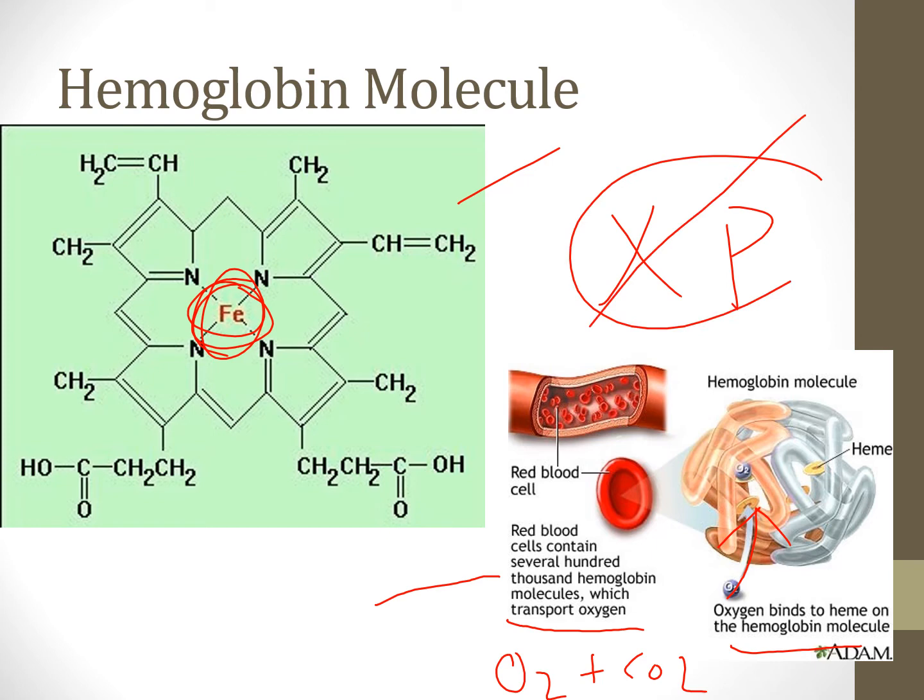It does not exert pressure once it attaches to the hemoglobin molecule. So therefore, your PaO2, little a, is only how much pressure of oxygen there is in the plasma. And your saturation is how much oxygen there is being carried in your red blood cell. So remember that. Once it's on the molecule itself, it no longer exerts a partial pressure. Okay.